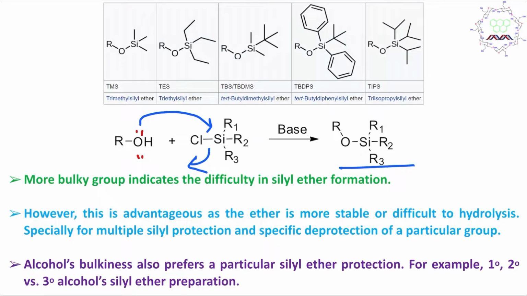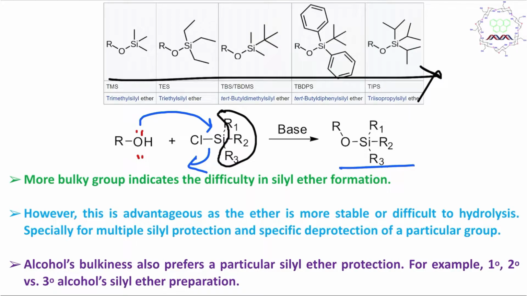Now two options: if R1, R2, R3 are bulkier, the rate of reaction is reduced, point number one. Second, if R becomes bulky, the rate of reaction is also reduced. It has both advantages and disadvantages. If you increase the bulkiness, silyl ether formation is more difficult, so you can selectively silylate a particular alcohol.